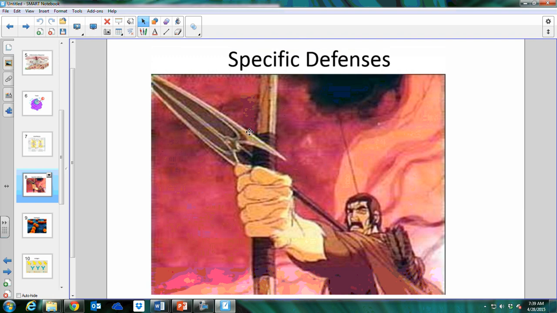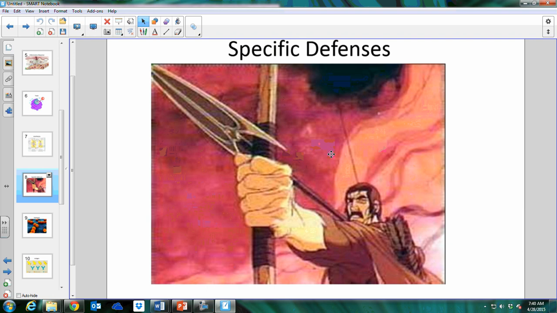Now, as for specific defenses, your body can actually craft defenses in order to specifically take down a foe, like Bard the Lake Man here, and his black arrow that always returned to him and never failed him when he took down the dragon's maw.